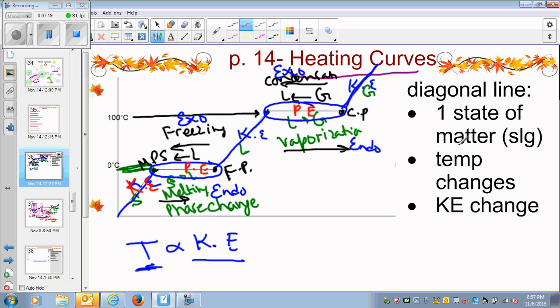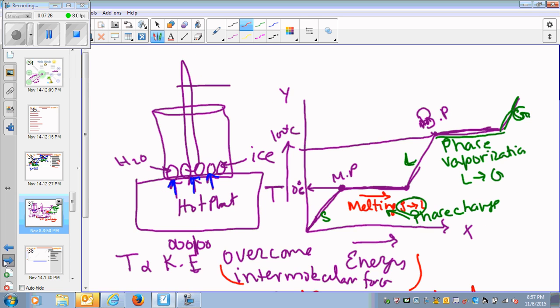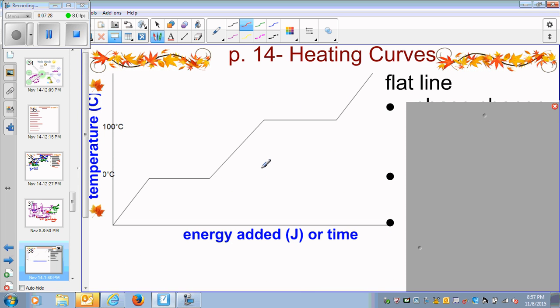So we have to talk about solid, liquid, and gas, temperature changes, and kinetic energy changes. So we have a heating curve here.